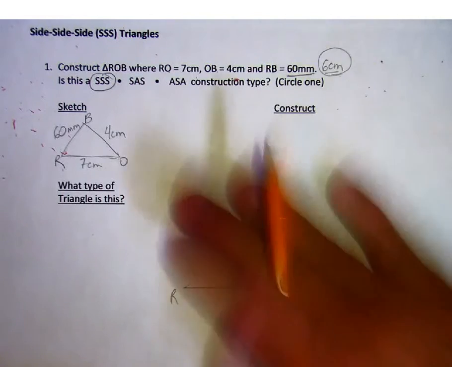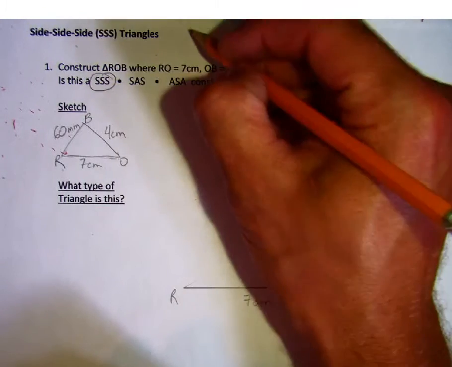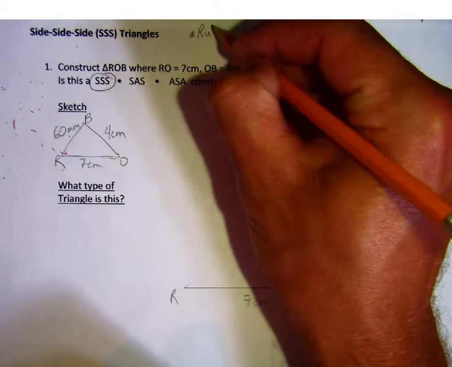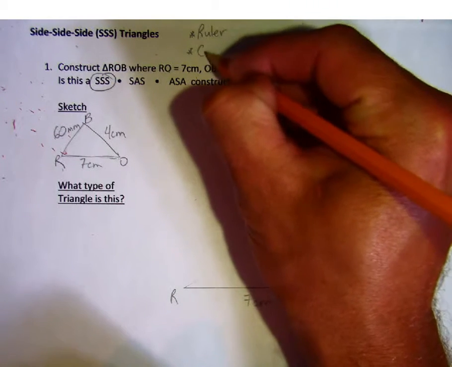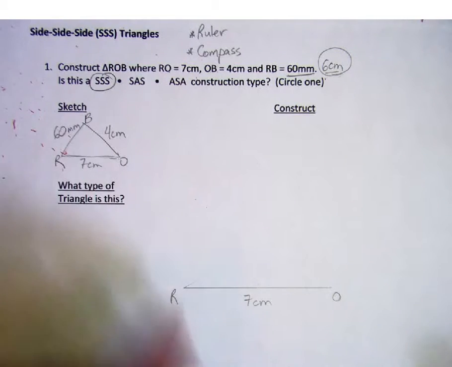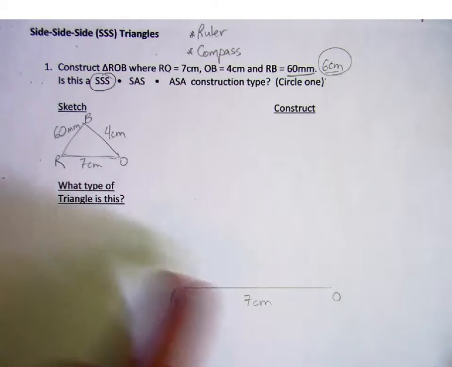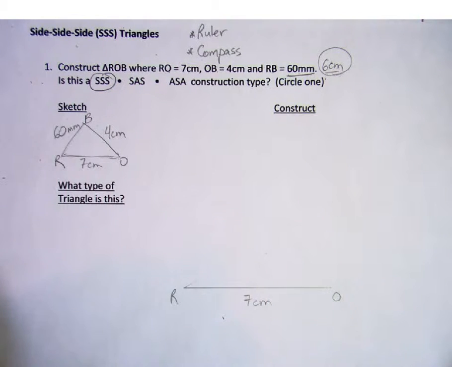Okay? When we do side, side, side triangles, we're going to use a ruler and a compass. The compass is important because it's going to tell me exactly where this point B is going to be located up here above line RO.